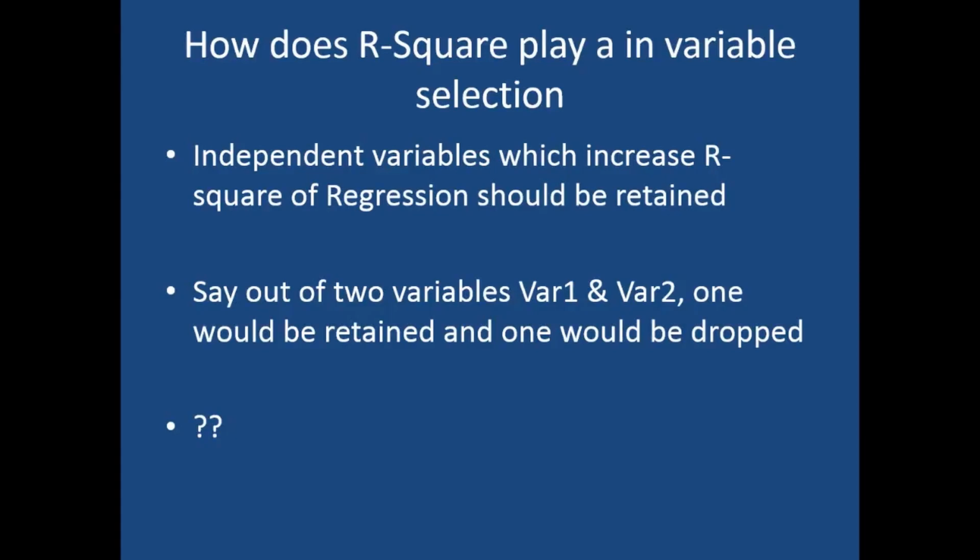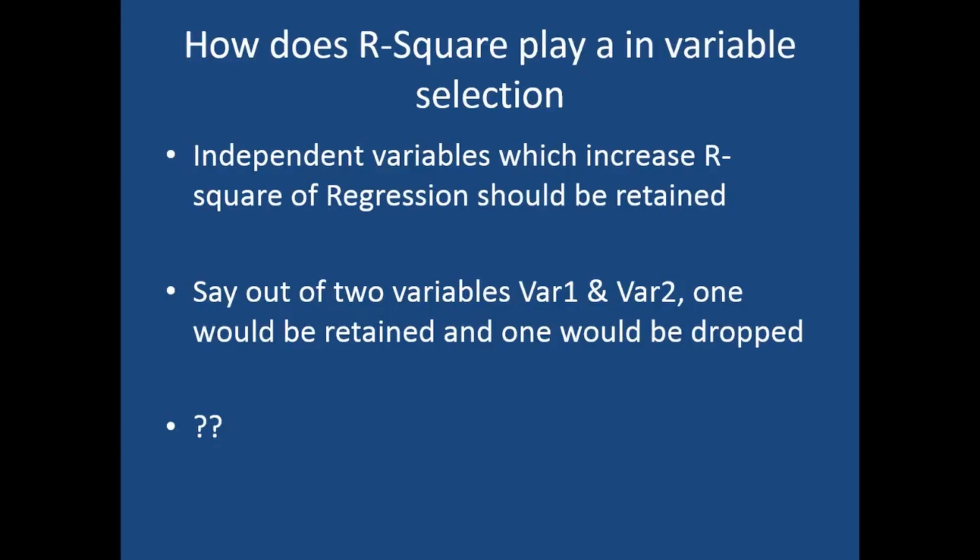Then you should keep it. Otherwise, if it's not that an important variable and it's neither increasing the R square value of the model, then better to drop the variable if you have too many variables. Otherwise, if you only have a very small set of variables, then you do not have much luxury of dropping, and you can think of keeping all of them.